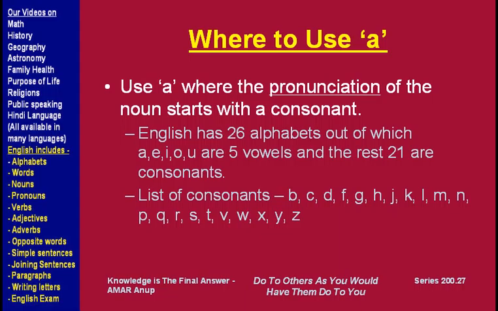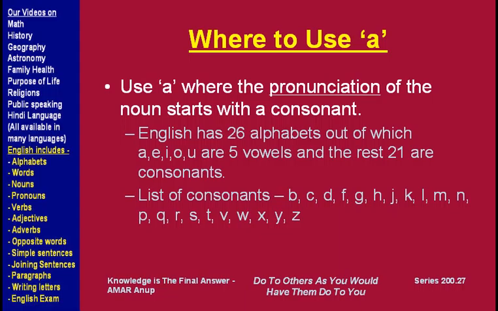The English language has 26 alphabets, and you all know that they are A, B, C, D, E, F, G, H, I, J, K, L, M, N, O, P, Q, R, S, T, U, V, W, X, Y, Z or Zed. Out of these 26 alphabets, 5 are called vowels and the rest 21 are called consonants. Alphabets A, E, I, O and U are the vowels.